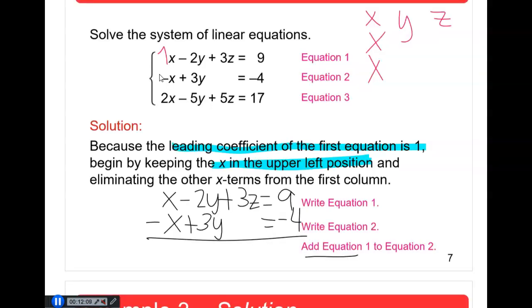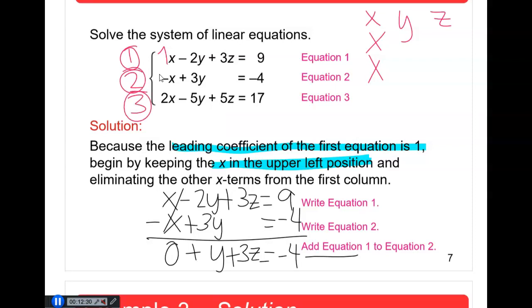You can see x minus x will be 0, negative 2y plus 3y will be positive y, and 3z plus nothing will just be 3z. That new equation is actually going to be my new equation number 2.